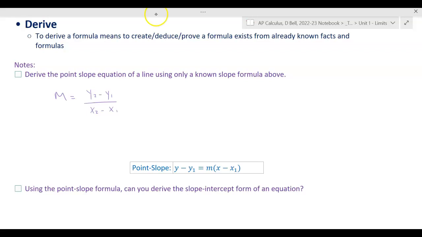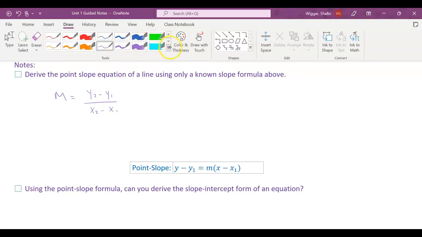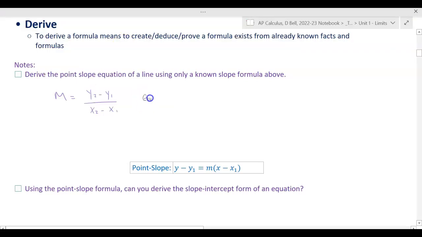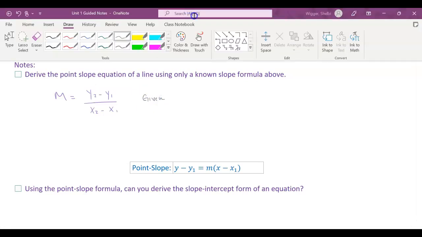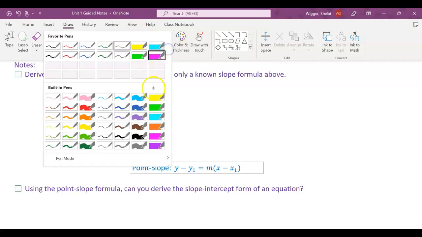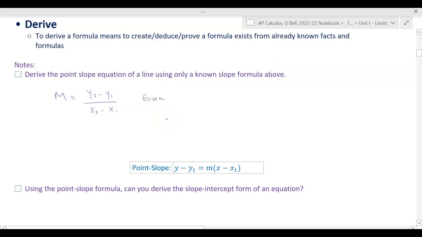So this is our given. We know this is true. If I multiply by x2 minus x1, it's going to clear my fraction. Right? I multiplied the denominator to the other side of the equation.